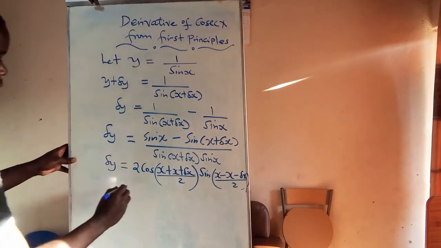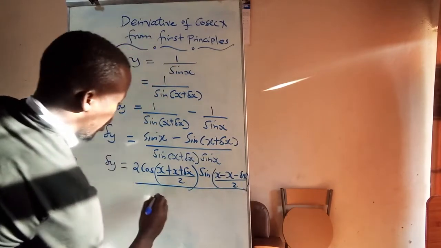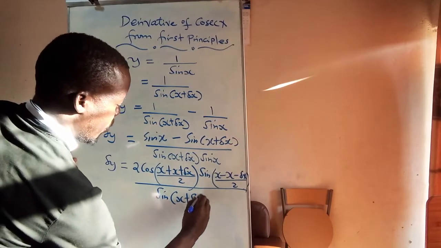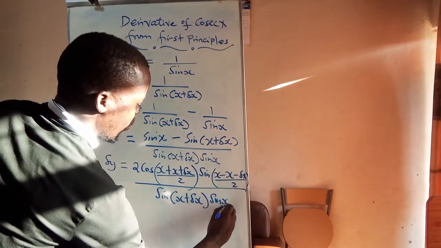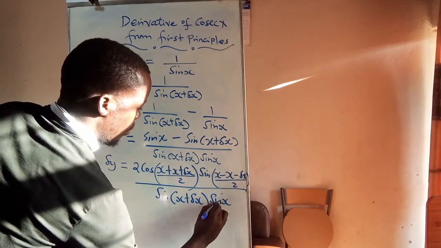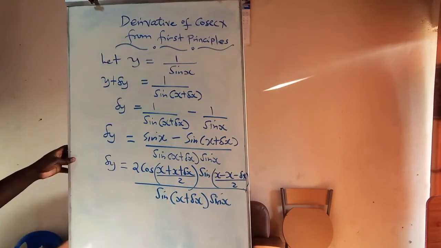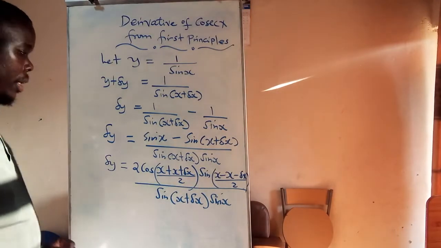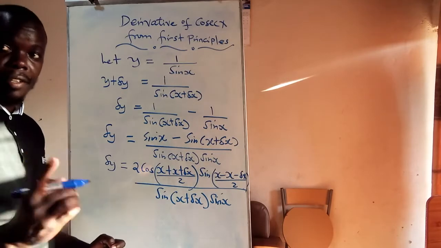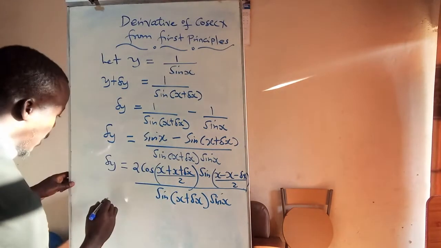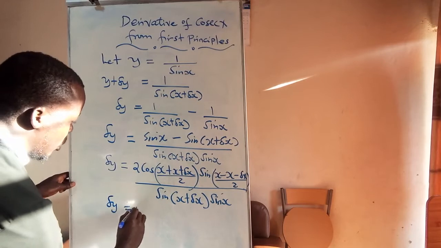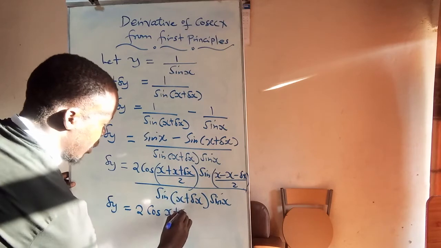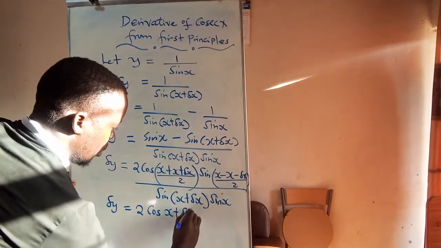So from this level, of course, I have to remember that I have a denominator, which is sine of x plus delta x multiplied by sine x. Okay. Now, from this point, I'm going to simplify the numerator. As you can see, x plus x is 2x, divided by 2, I get x. So I will have delta y as 2 cos of x, but remember, we have delta x there, divided by 2.